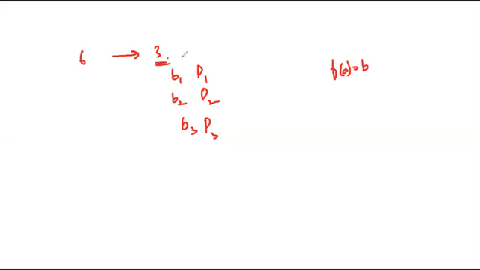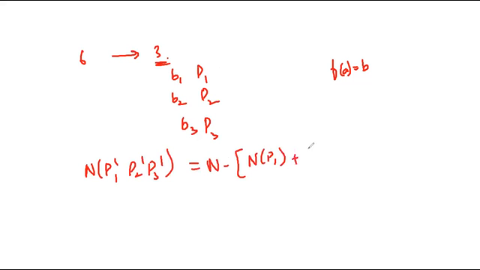Now, in this case, a function is onto if and only if it has none of the properties P1, P2 and P3. So by the inclusion exclusion principle, we can write it in this way: n of P1 dash, P2 dash, P3 dash is written as n minus, again, n of P1 plus n of P2 plus n of P3.